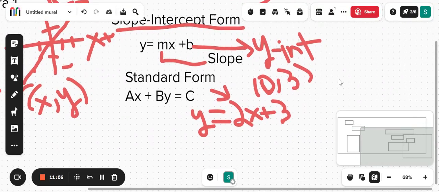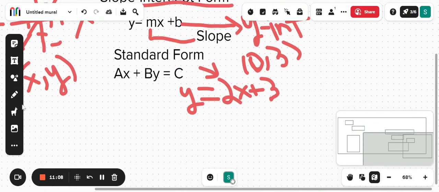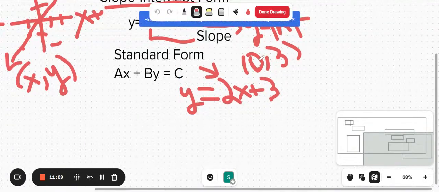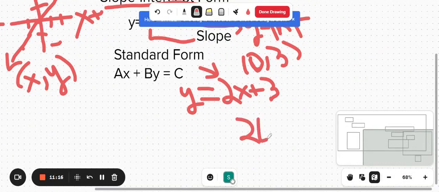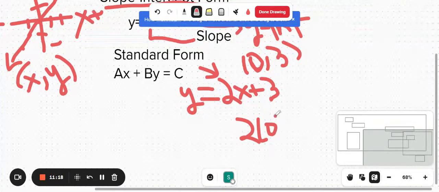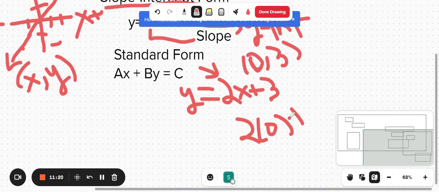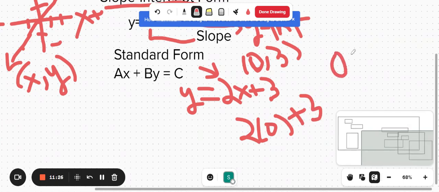Now, if you don't believe me and you think there's something wrong with it, we can check it by putting it into the equation. If I were to plug in a 0 for the x, 2 times 0 plus 3, that's what you would solve for, and you would get your y value. So 2 times 0 is 0, and 0 plus 3 is 3.